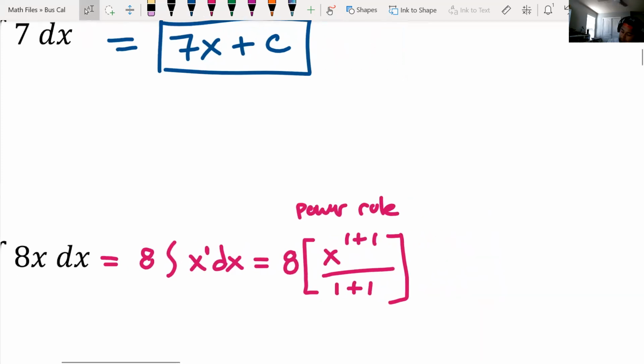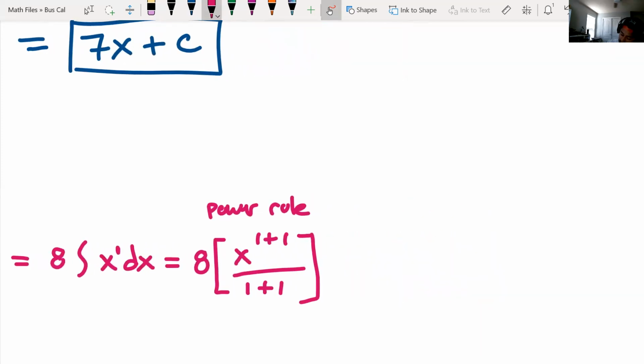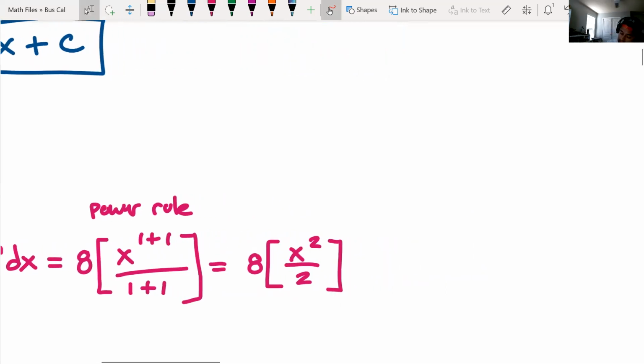Okay. And now cleanup, you get 8 times x squared over 2. Simplify. 8 times x squared over 2 becomes 4x squared.